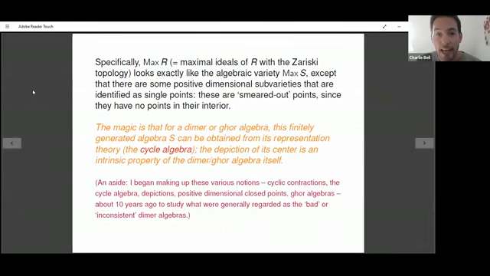And just as an aside, I began making up these various notions for cyclic contractions, the cycle algebra, depictions, positive dimensional closed points, and Gore algebras about 10 years ago to study what were generally regarded as the bad or inconsistent dimer algebras.